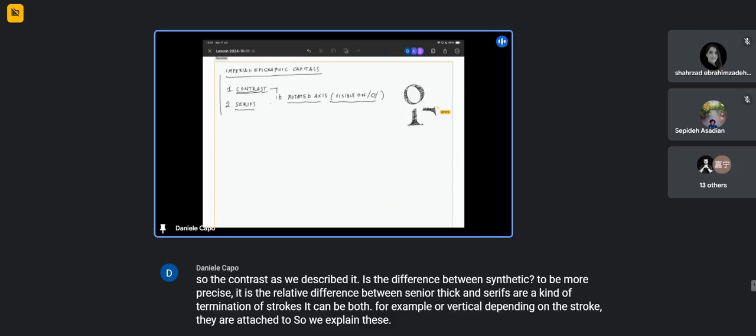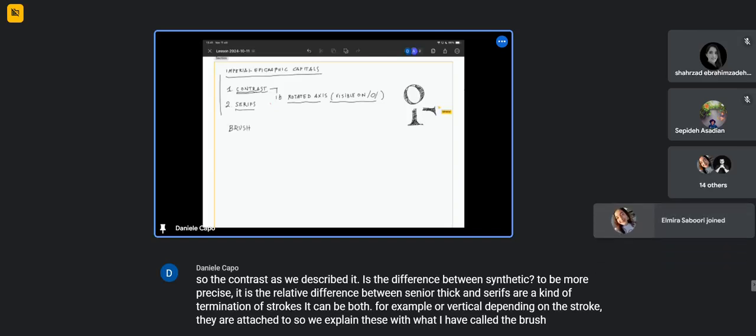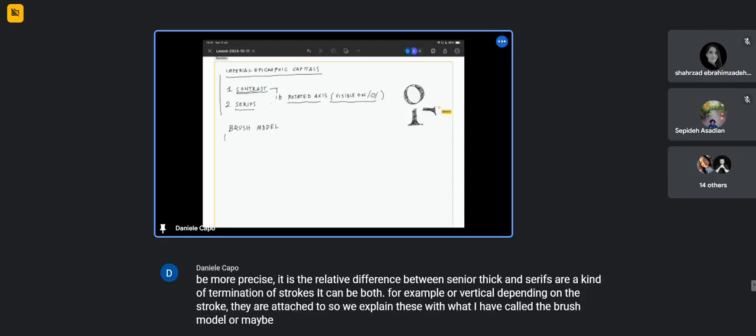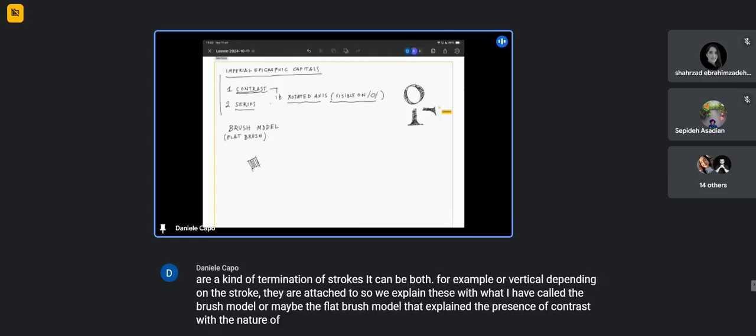So we explained this with what I have called the brush model, or maybe the flat brush model, that explains the presence of contrast with the nature of the brush that leaves a full trace in one direction and a thin trace in the other direction.